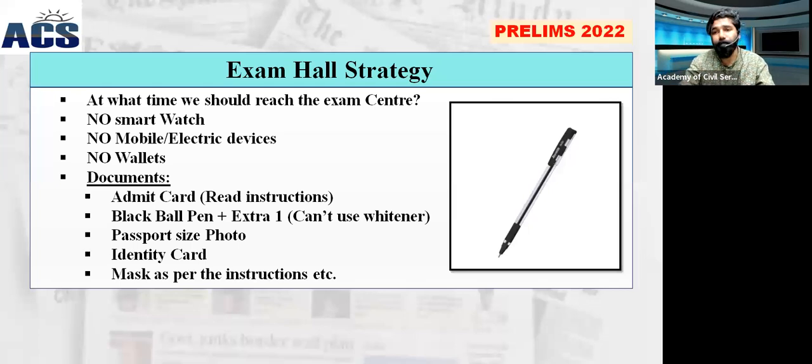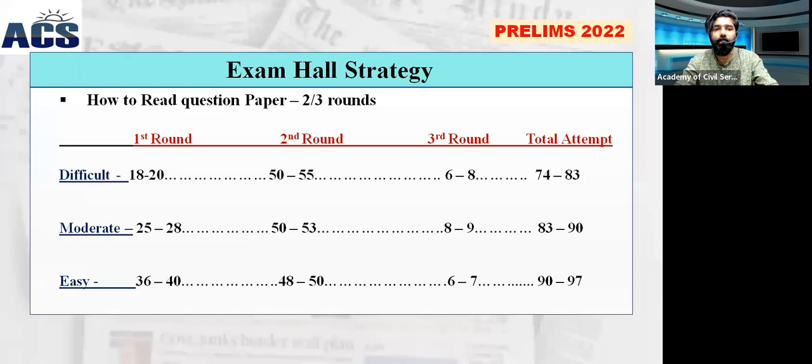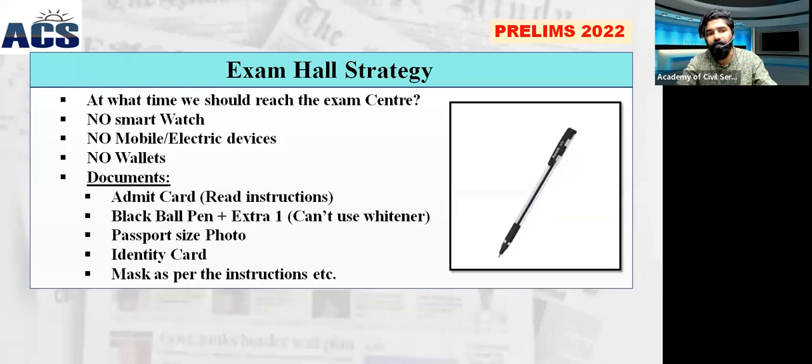And mask as per the instructions. If the instructions say you have to keep a mask with you, you must keep that mask also. While reading the instructions, you will get that, and you have to get all these documents for the exam.